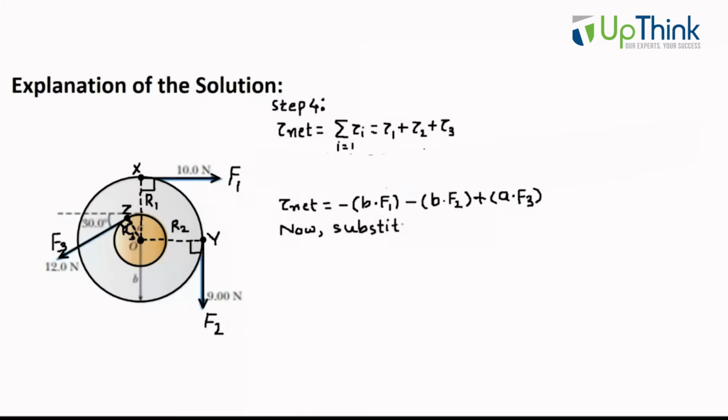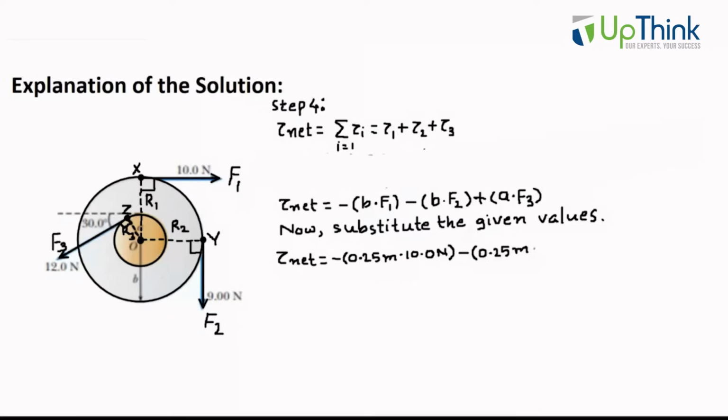Now, if you substitute the equation with the values that we have, you get tau net is equal to minus (0.25 meters into 10 Newton), minus (0.25 meters into 9 Newton), plus (0.10 meters into 12 Newton). So, finally, tau net is minus 3.55 Newton meter.